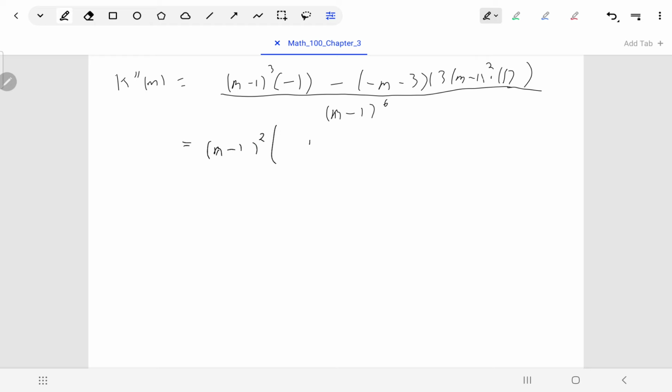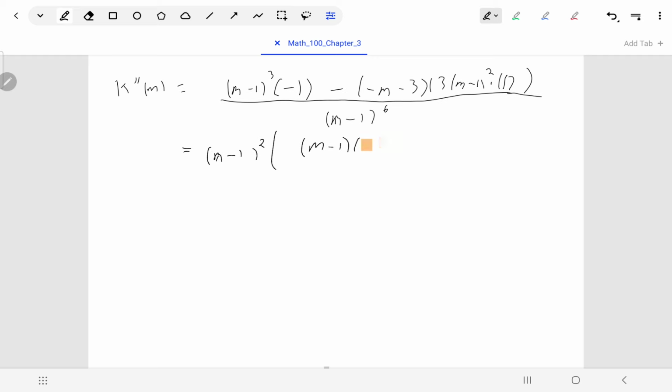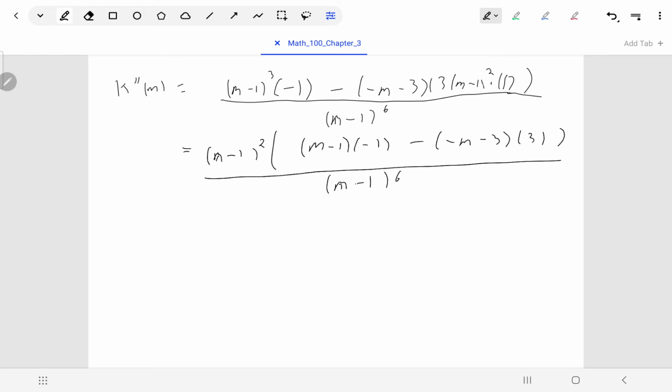And that'll leave an m minus 1 times a negative 1, and a minus a negative m minus 3 times a 3. Okay, a little bit of canceling. Cancel, cancel. There we go. So that we now have m minus 1 to the 4 in the denominator.